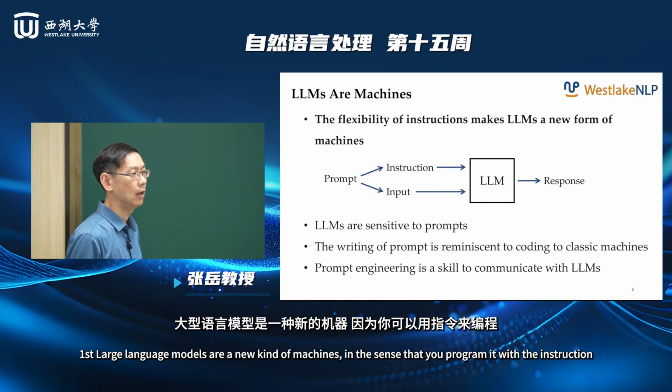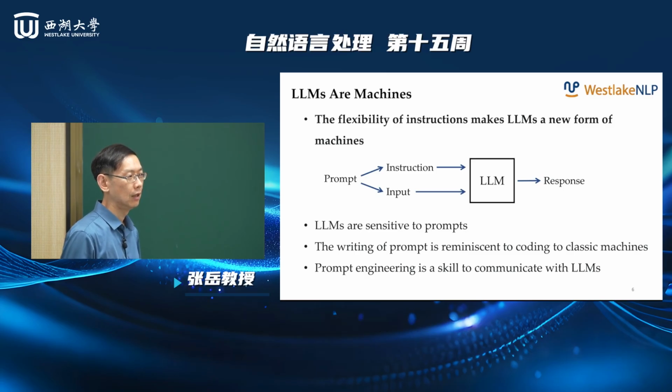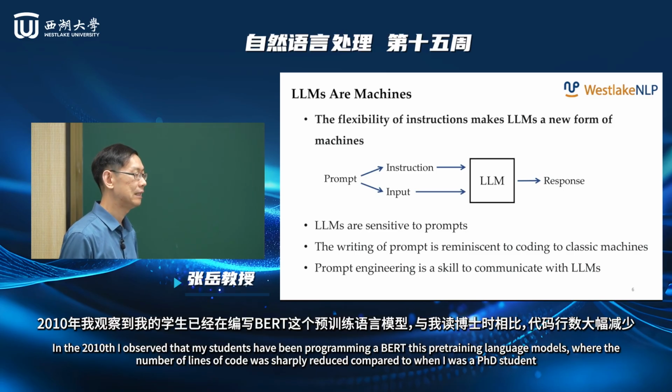First, large language models are actually a new kind of machines in the sense that you program them with instructions. In the 2010s, I observed that my students have been programming BERT, this kind of pre-trained language models, where the number of lines of code was sharply reduced compared to when I was a PhD student.